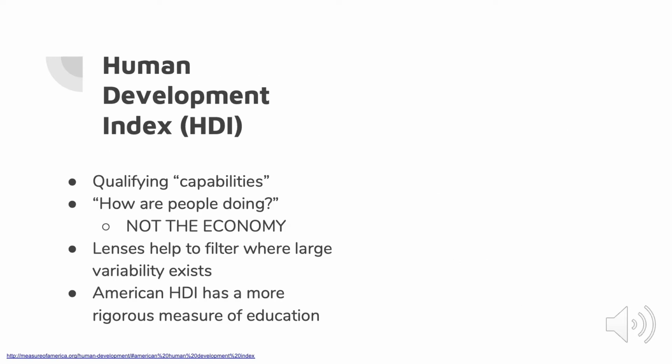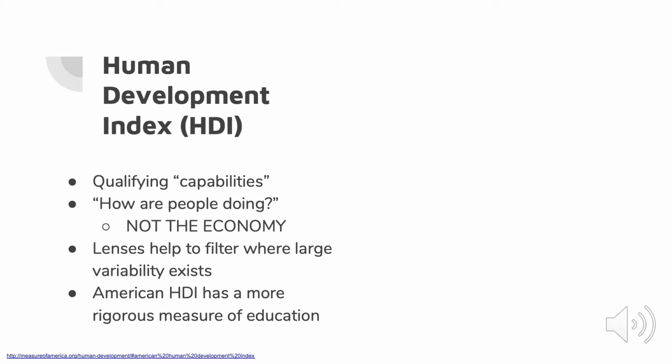The Human Development Index, or HDI, acts as an example for the quantification of some of the central capabilities previously discussed. The HDI was created by economists looking at the question, how are people doing, instead of how's the economy doing? Three capabilities are assessed in the HDI: life, senses, imagination, and thought, and control over one's material environment.